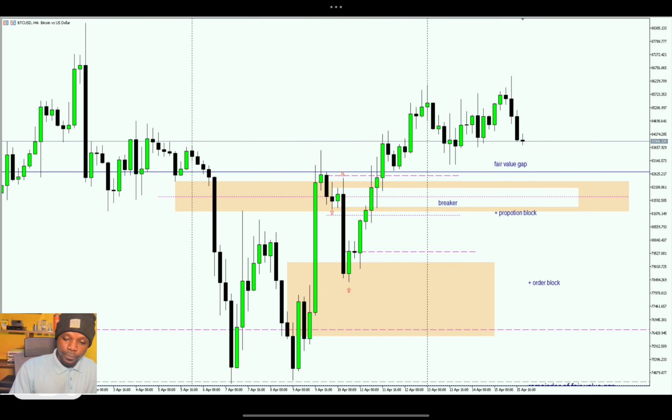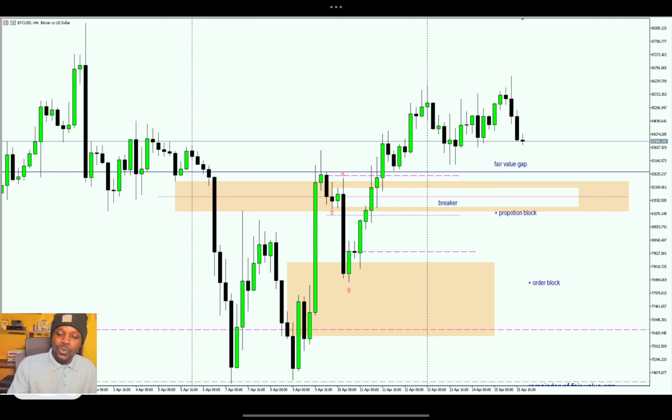All right, now beautifully, apart from the fact that we are seeing the proportion block in there, you could also see that there is a breaker happening right in there, and it is in confluence with the inverted fair value gap and with the 25% level of the proportion block.